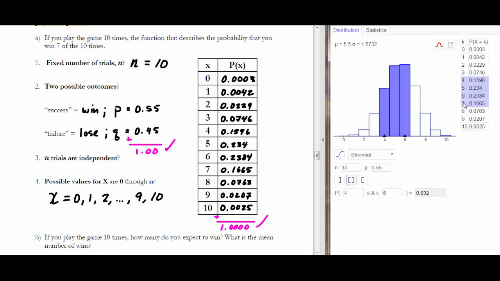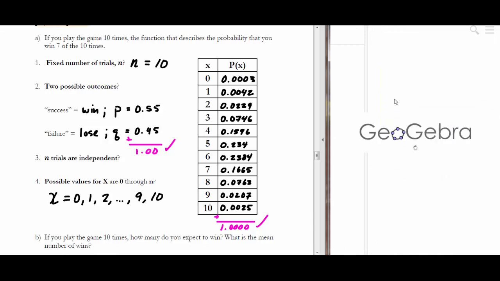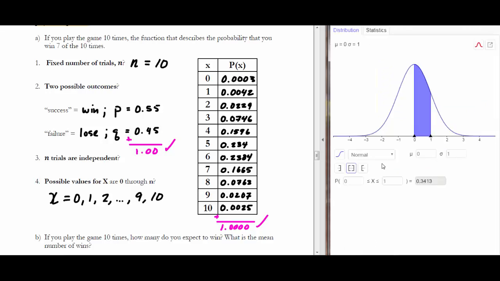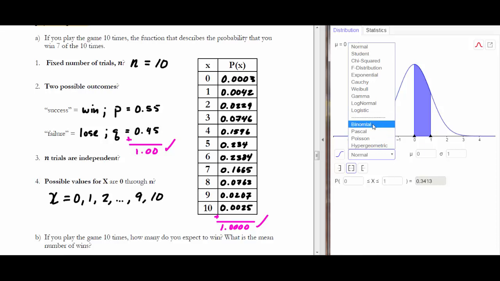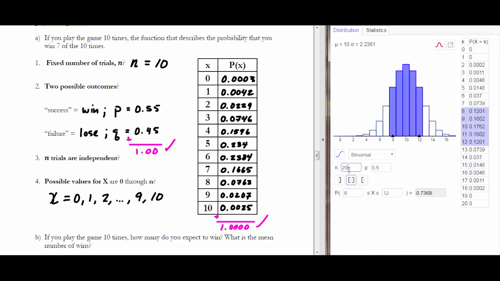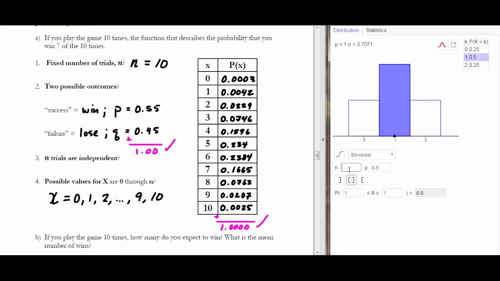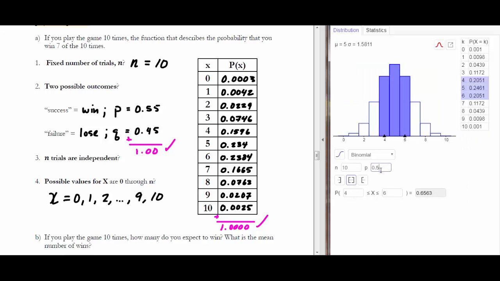This calculator is not working. Let me go ahead and try to reload that. Sometimes it does happen. Let me go back here and choose binomial again. Try that again. Okay, so we have 10 tries there, and 55% is the probability that we win. Okay, 7, 7.